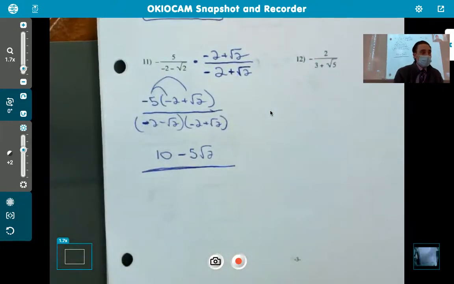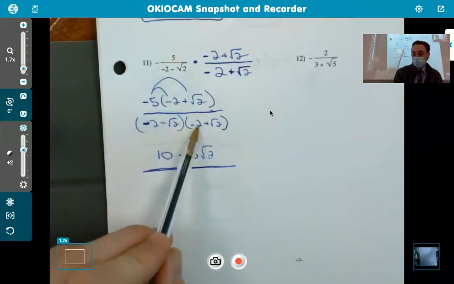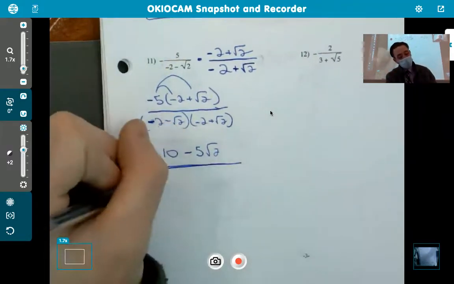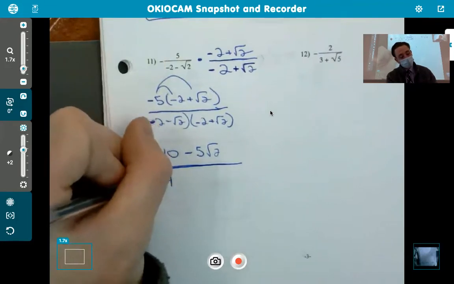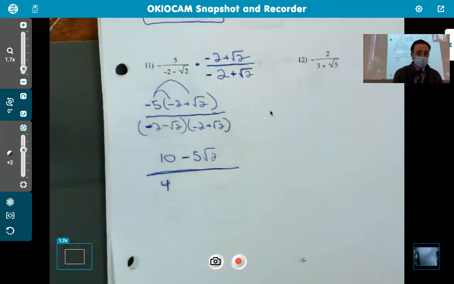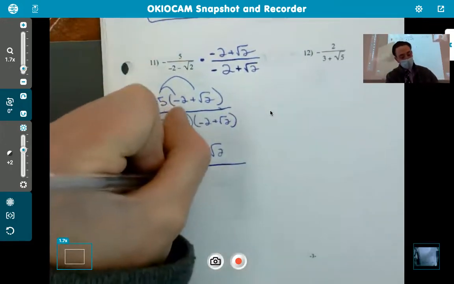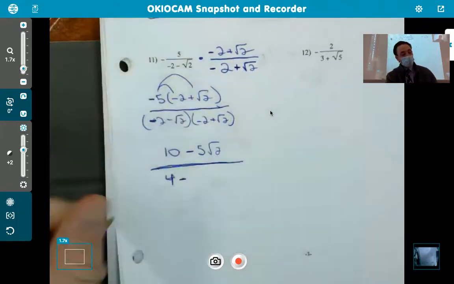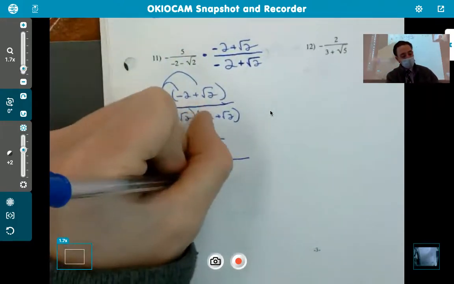In my denominator, -2 times -2 gives me what number? 4. -2 times +√2. Well, negative times a positive is going to give me a negative, right? And then 2 times √2 will give me 2√2.